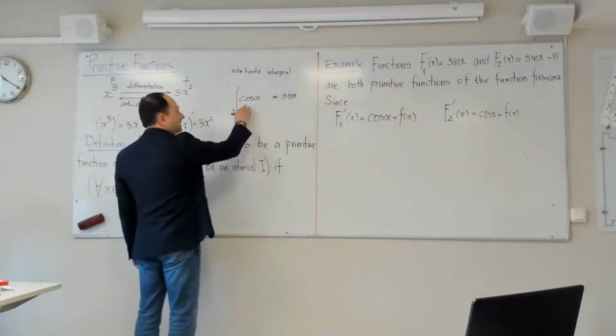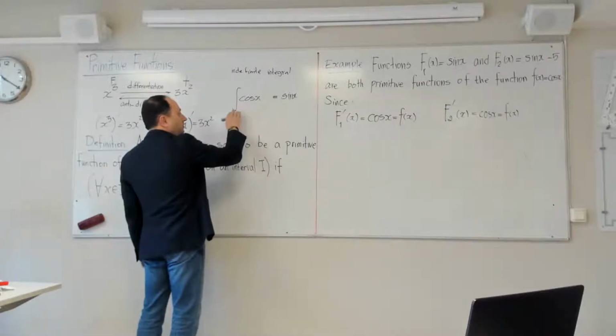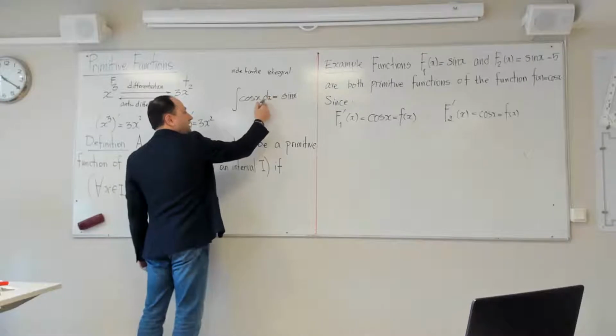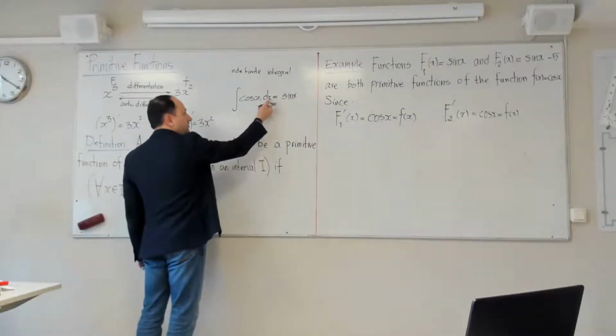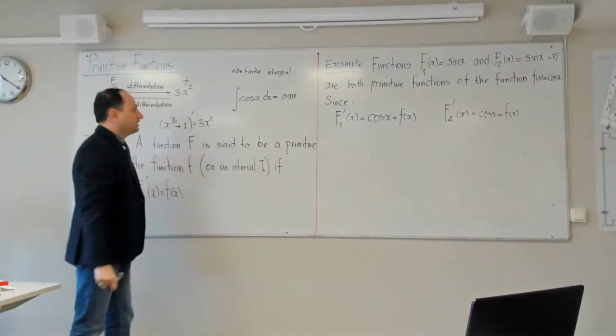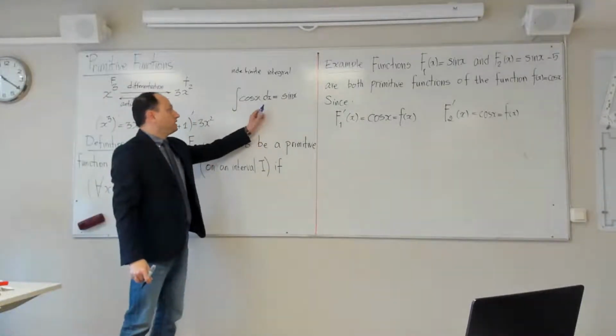And then probably the reason that they don't want to use this symbol, for a reason that becomes clear at university, is that you need to write something like d of x here. To avoid this ambiguity, they have avoided that.